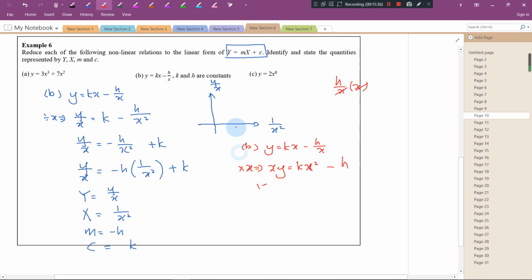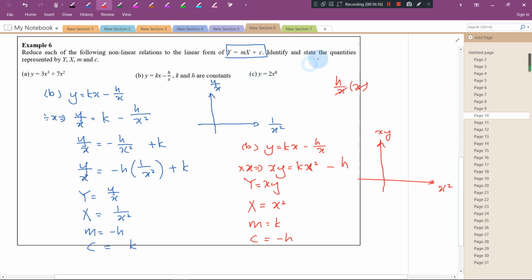Okay, so the big Y is xy, the big X is x squared, the gradient is k, the y-intercept is negative h. If you draw the graph of xy against x squared, you will get a straight line with the gradient of k and the y-intercept of negative h. Okay, so this is the way how we reduce a non-linear relation.